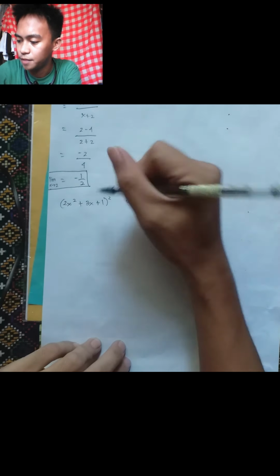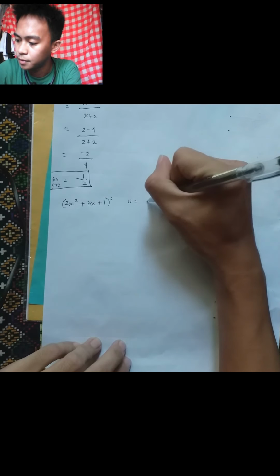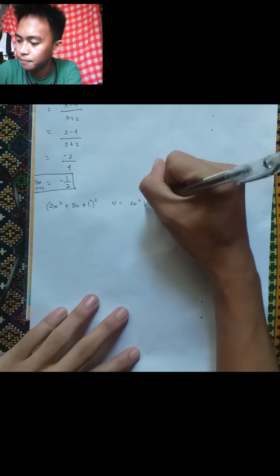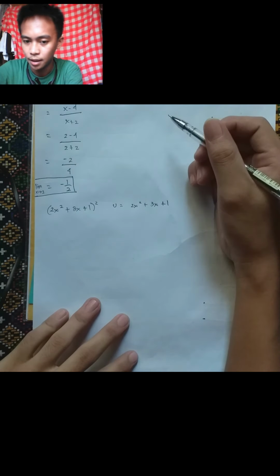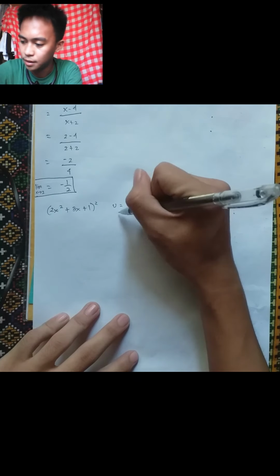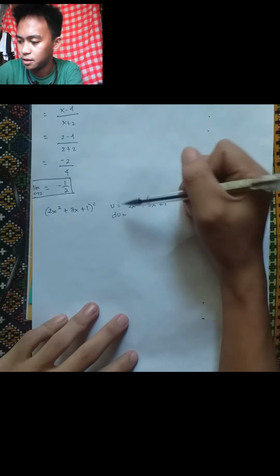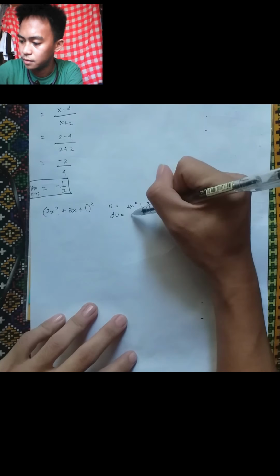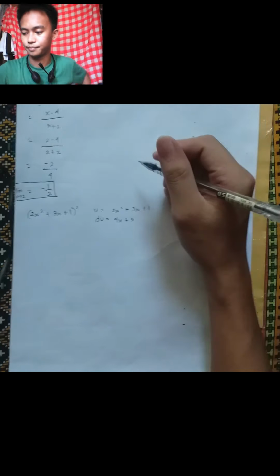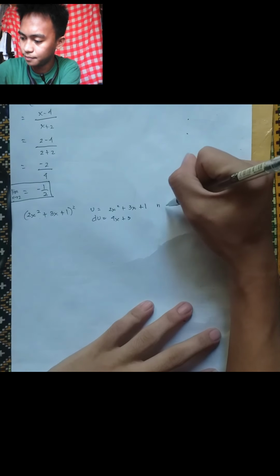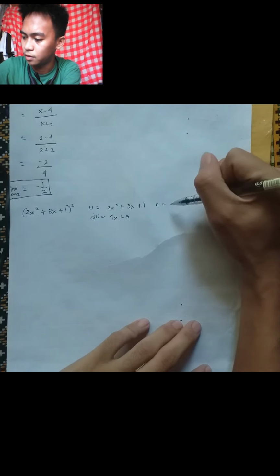So the u is 2x squared plus 3x plus 1. And du, the derivative of u, is 4x plus 3. And the n is 2.